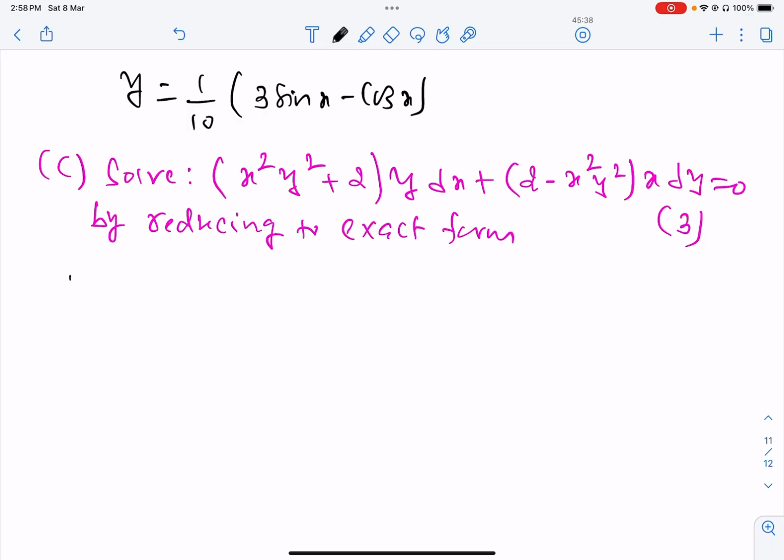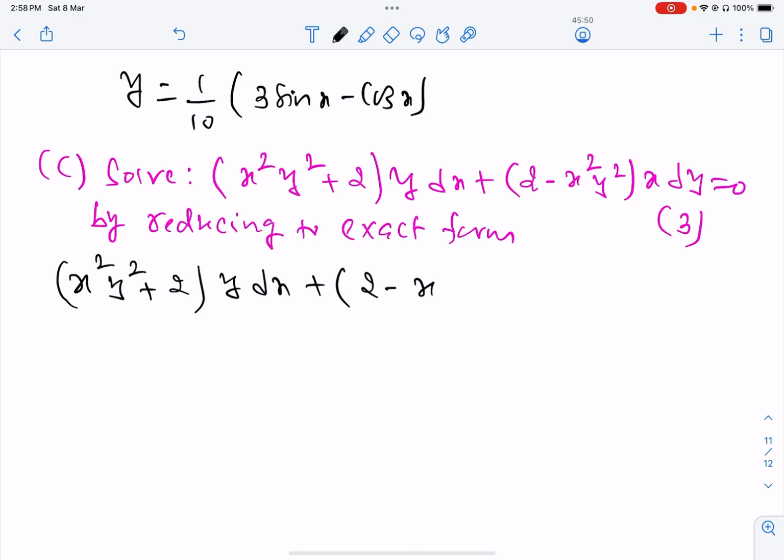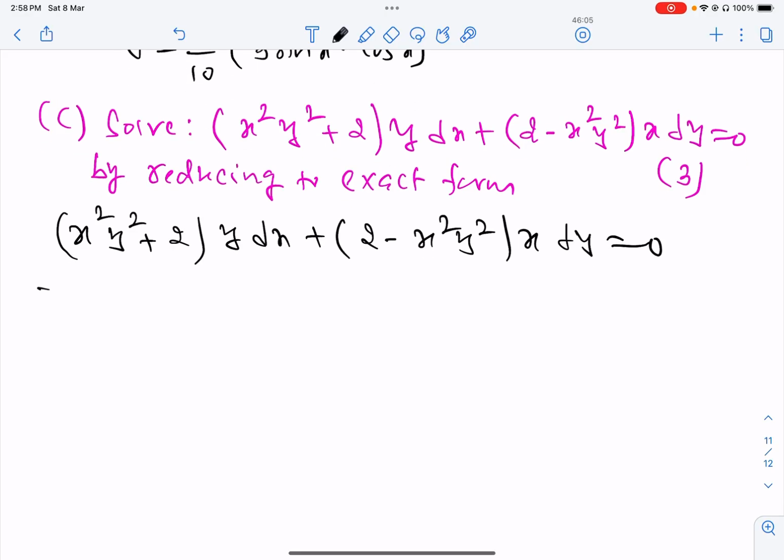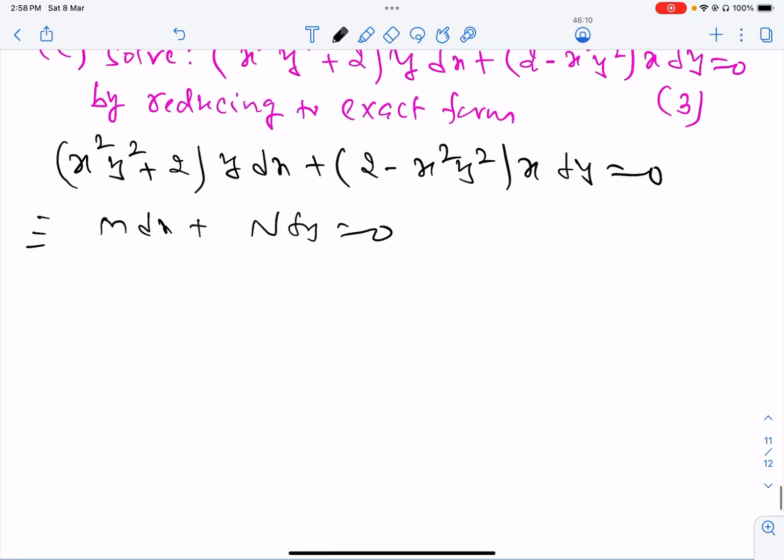So here the equation is x square y square plus 2 into y dx plus 2 minus x square y square into x dy equal to 0. Now this is of the form m dx plus n dy equal to 0, where m is this one and this one is n.